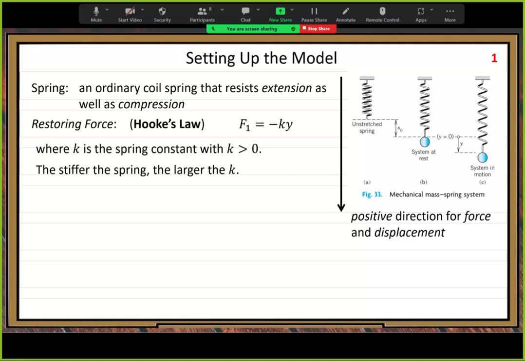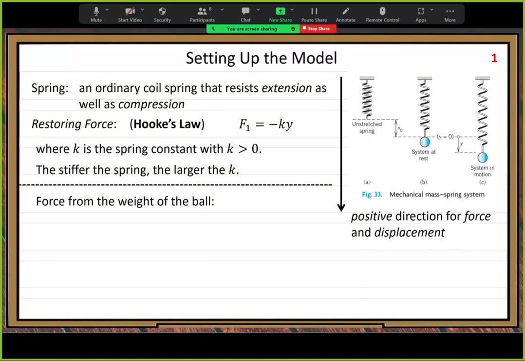So with the basic information, now we can study the motion of the ball, the mass spring system. Force from the weight of the ball. Because this ball has a weight, that weight can generate force by gravity. That's the gravity part.